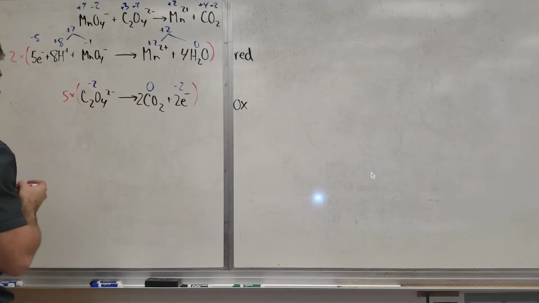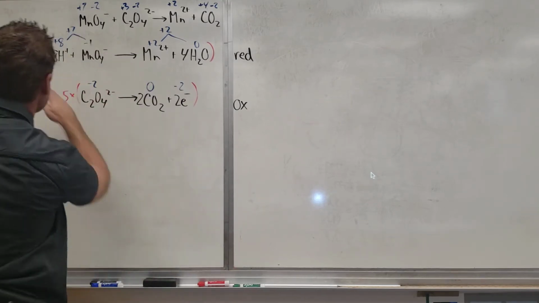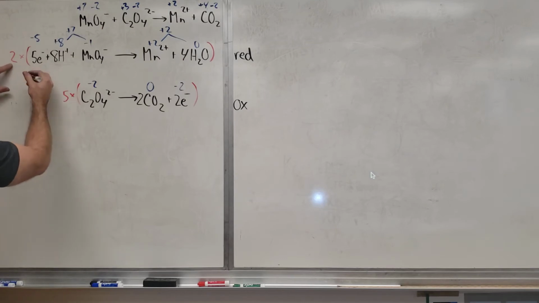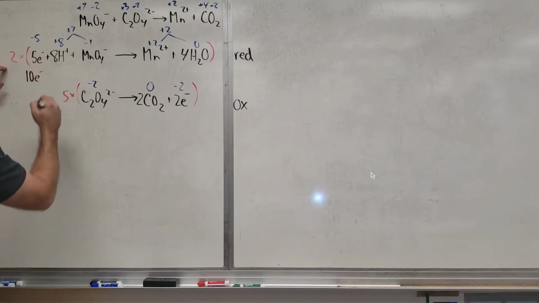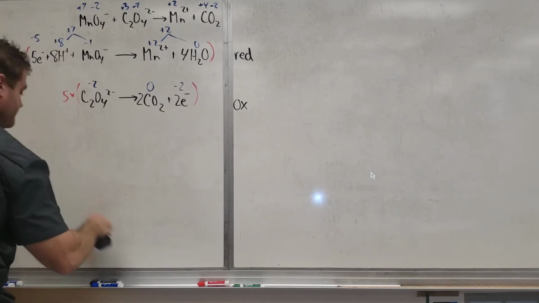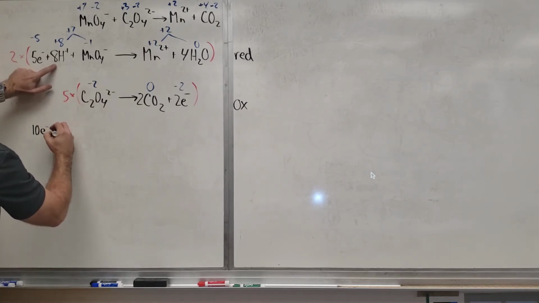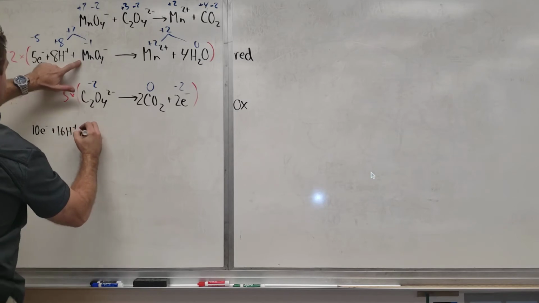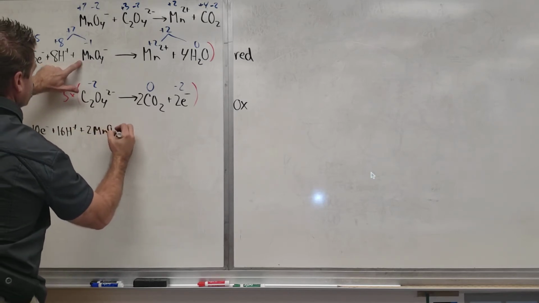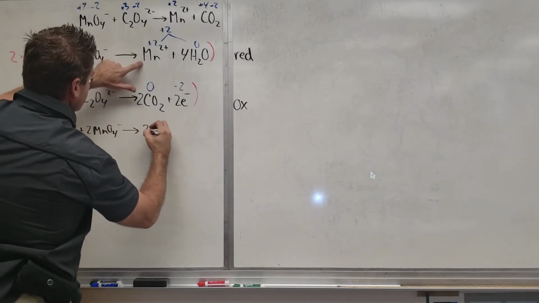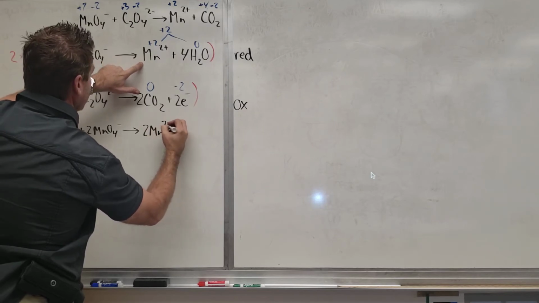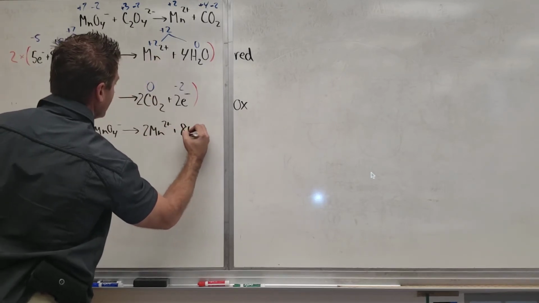Now look what I end up with. I'm going to multiply by 2 all across. So 2 times 5 electrons is 10 electrons. Actually, I'm going to rewrite it down here. It's 10 electrons plus 16 hydrogen ions plus 2 permanganate ions gives me 2, and you notice I'm multiplying 2 all the way across, so 2 times 4 is 8 water.